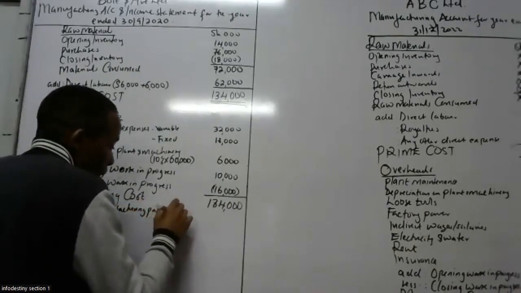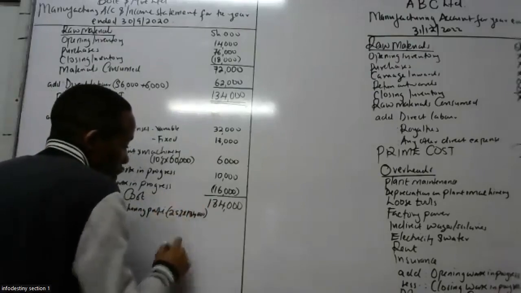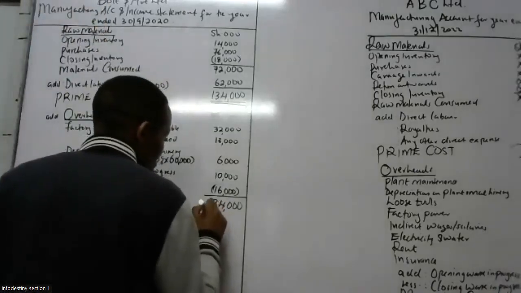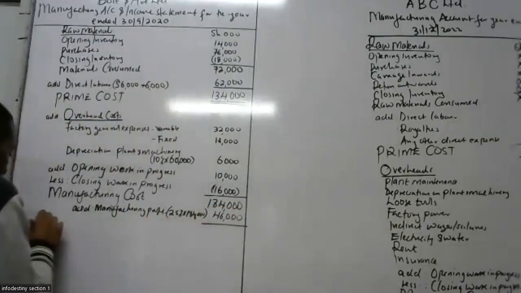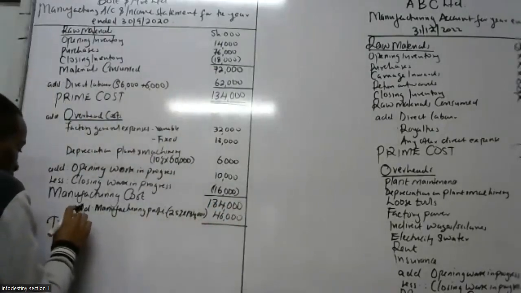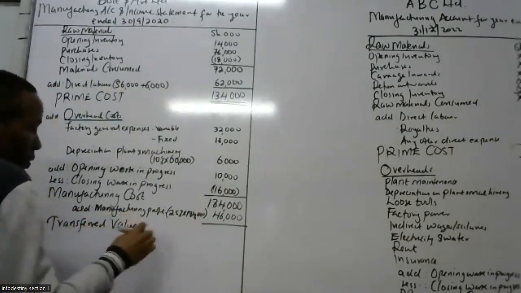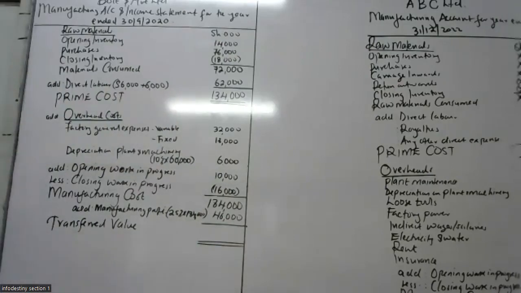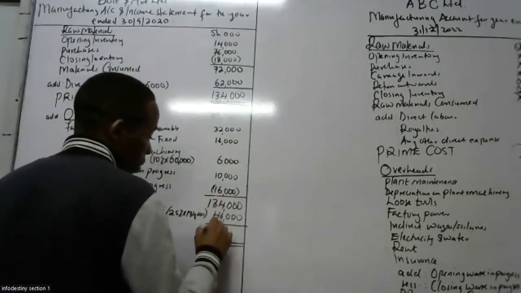We take 25% of 184,000. 46,000. Yes? So if we add the 46,000, we get the transferred value. So it will be 230,000.